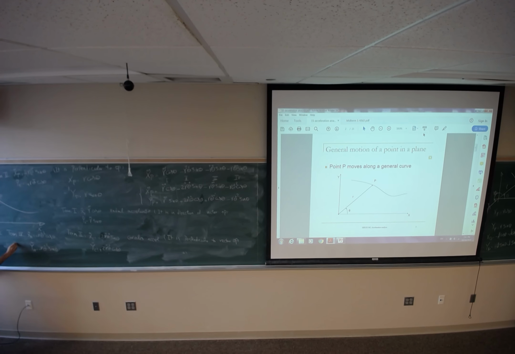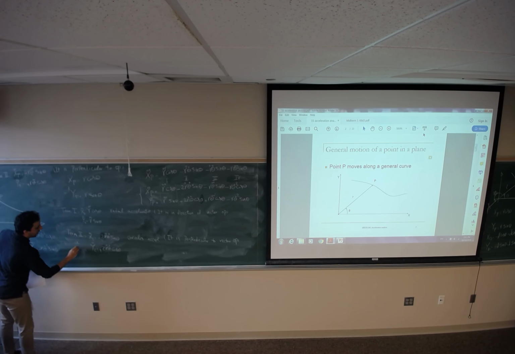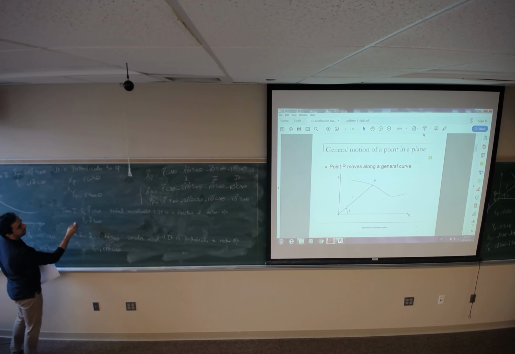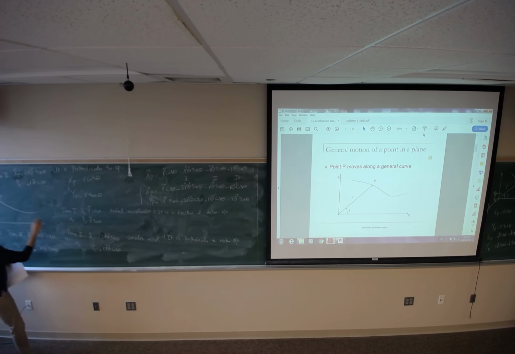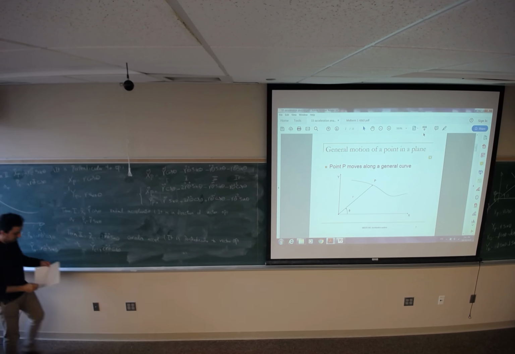Sometimes you will see this with A with the index of n, A with the index of c, A with the index of r, radial, and A with the index of t, which represents tangential.